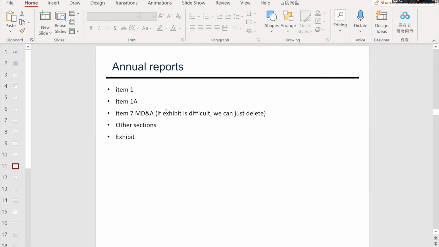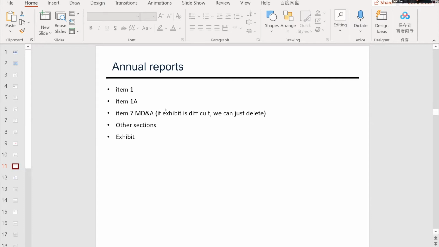So the textual information from item 1, item 1A, and item 7, these are the good sections to look at, and we're talking about examples and the application of each section. For other sections, you can check on your own, since they have a lot of numbers and less textual information.